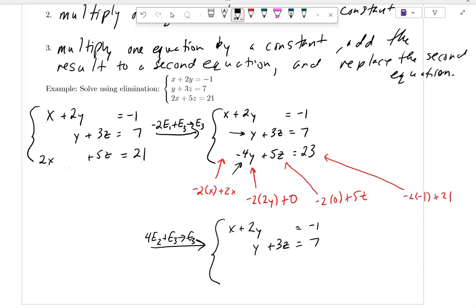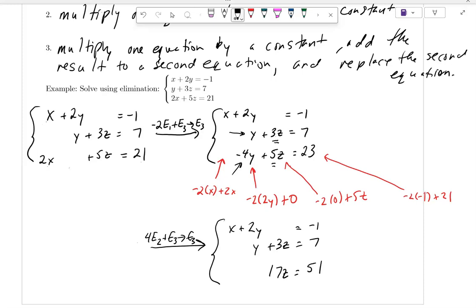What do we get for equation 3 now? Remember, I've got to take 4 times everything. So I take 4 times the 3z and add it to the 5z. 4 times 3 is 12 plus 5 is 17. So we get 17z here. Now do the other one. 4 times 7, 28 plus 23, 51.